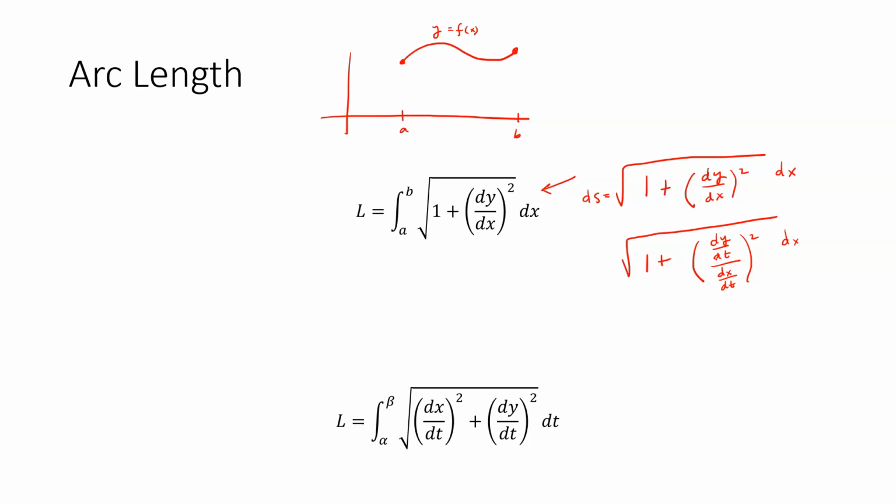And in this case, if we were then to manipulate this a little bit, we can write this as dx over dt squared plus dy over dt squared, where on the outside now we have dx divided by dx over dt.